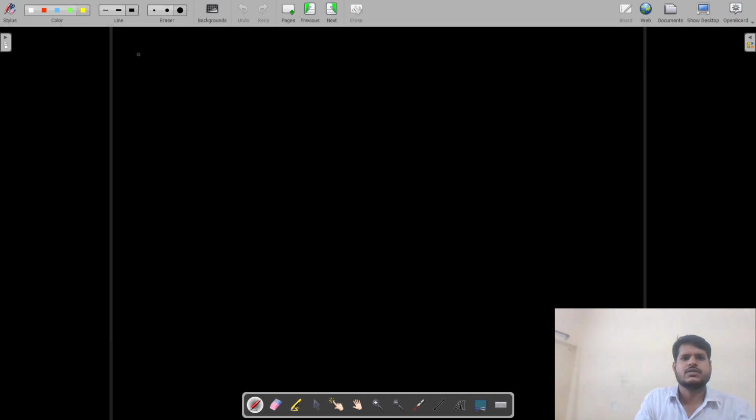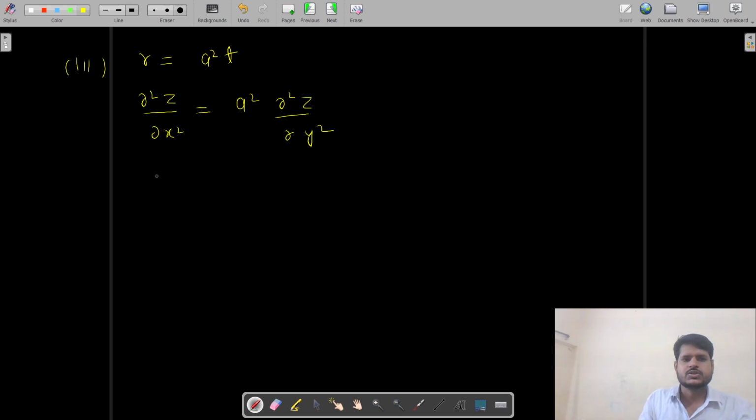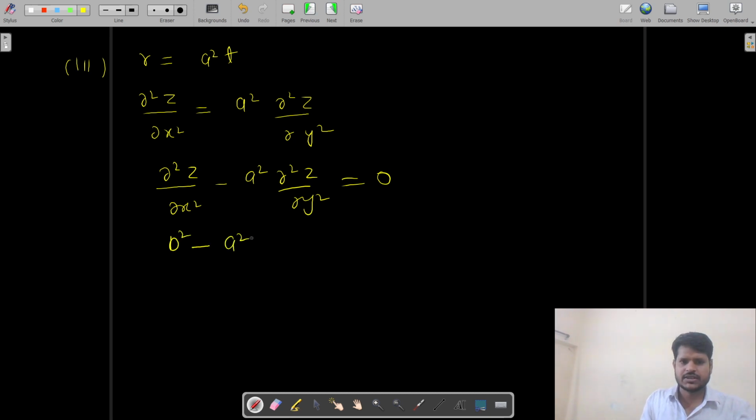Very simple. r is derivative square z over derivative x square, and t is derivative square z over derivative y square. So I can write derivative square z over derivative x square minus a square derivative square z over derivative y square equal to 0, and this can be written as D square minus a square D dash square into z equal to 0.